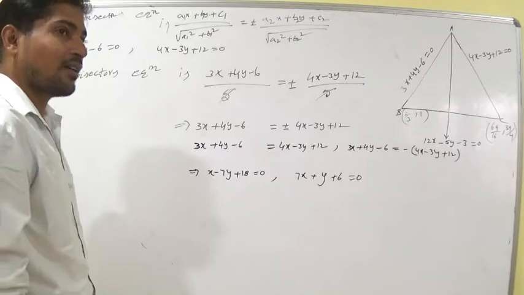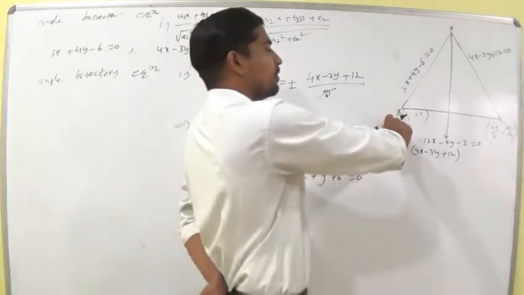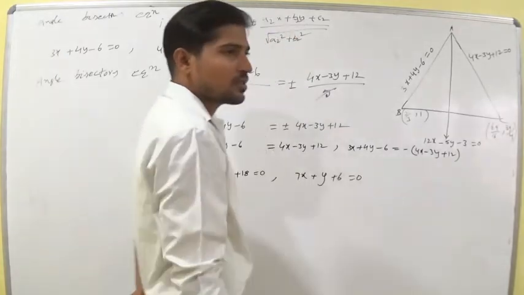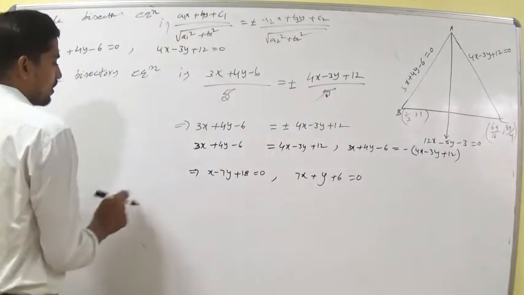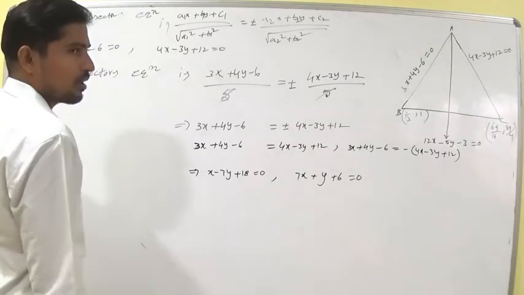Let us substitute the values of the coordinates of B and C in the LHS of x minus 7y plus 18.